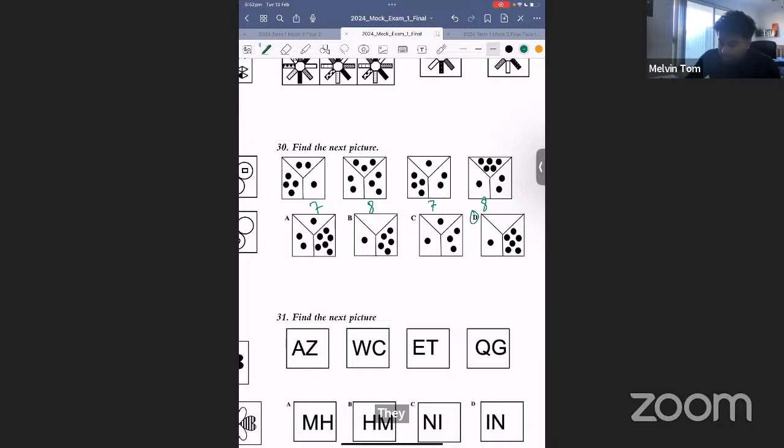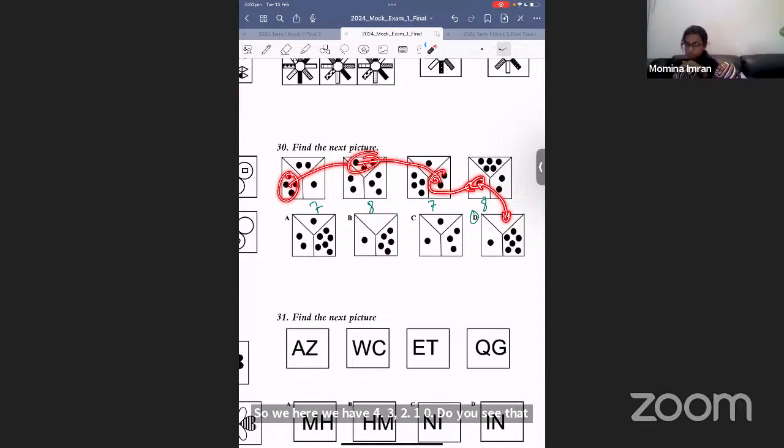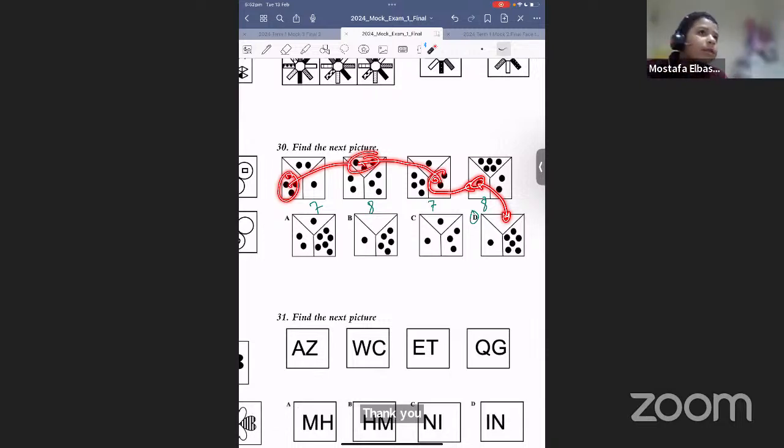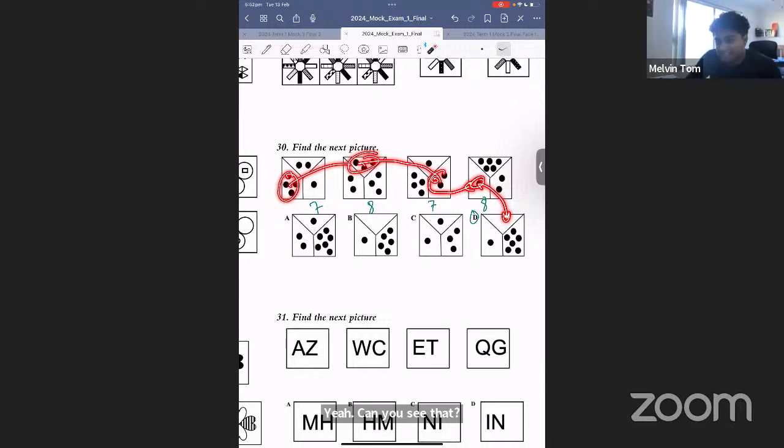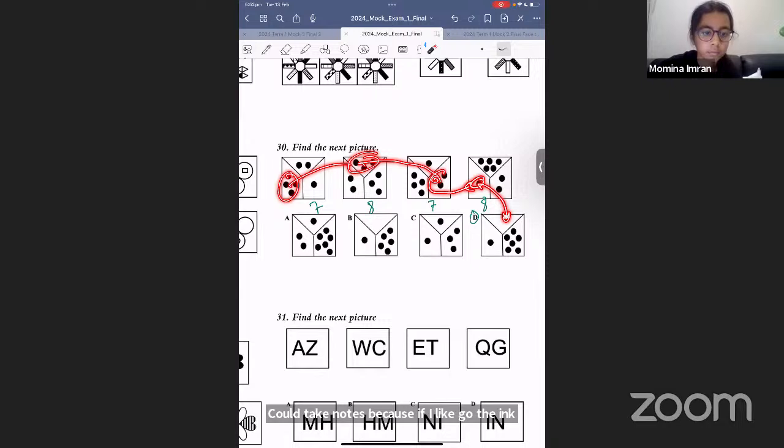But is there any other pattern that could make sense? Well, let's take a look. So here we have 4, 3, 2, 1, 0. Do you see that? You can take notes, because if I let go, the ink disappears. All right, 3, 2, 1. I'm letting go.